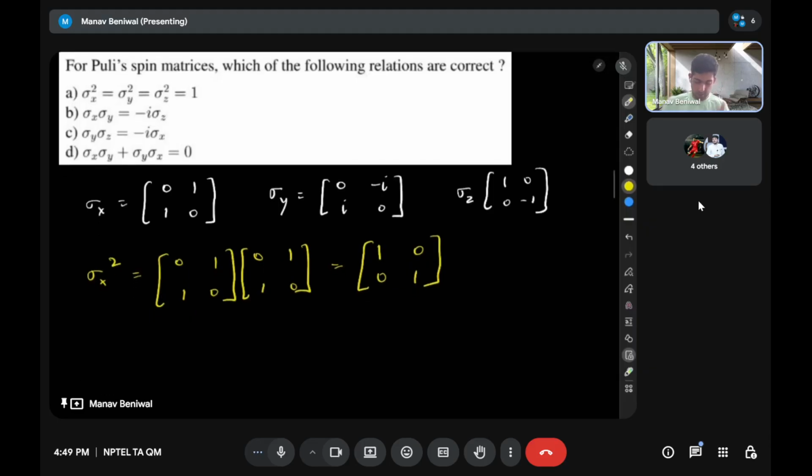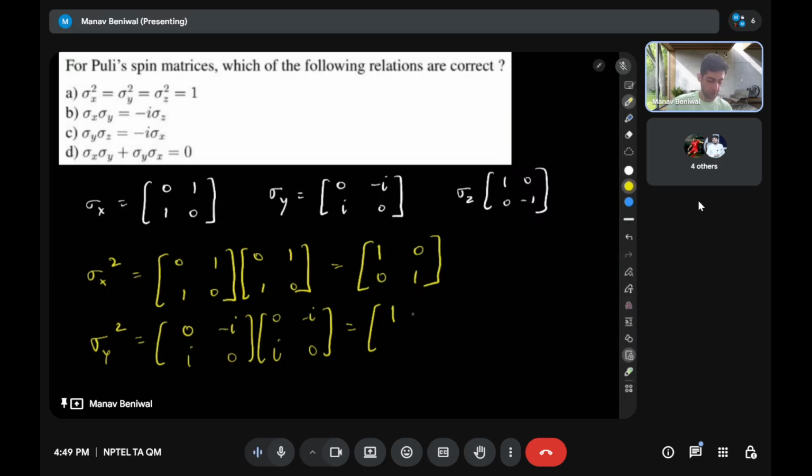Similarly for sigma y squared, this will be 1 because minus iota squared is 1, and this is 0, this is 0, and again minus iota squared is 1.